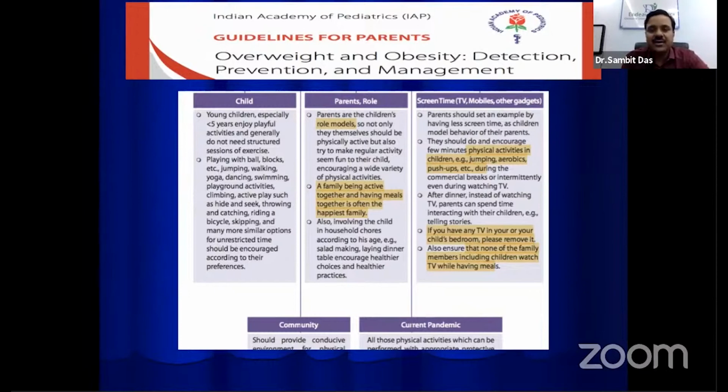Physical activities in children like jumping, aerobics, and push-ups can be offered to these children. If you have any TV in your child's bedroom, then please remove it. That is another tip they have given, and that's an important tip. Also ensure that none of the family members, including the children, watch the TV while taking meals. And the community should provide a conducive and safe environment for the children to play.